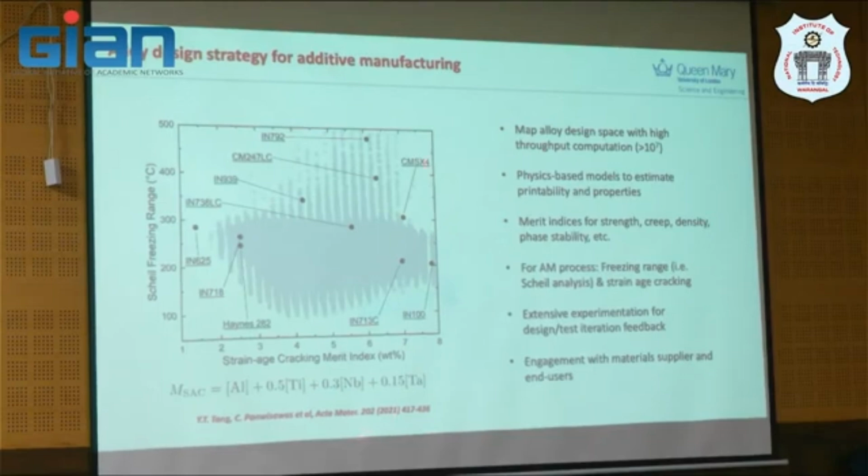We mapped more than 100 nickel-based superalloy compositions. But the gray dots here are about 10 million compositions, which are actually calculated. And then you can map across the two important factors, which are the strain age cracking index and the freezing length. Again, this has to be told by metallurgy. These two factors give important information for defect formation and also the processability of the material. That's why we chose these two.